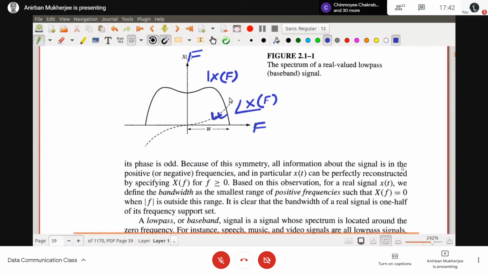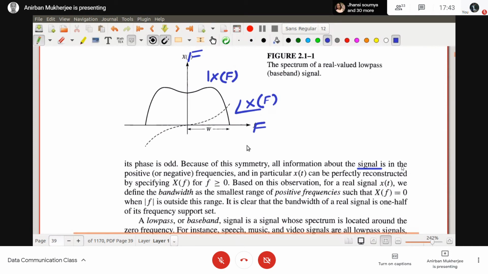Now, because of this symmetry, all the information about the signal is in the positive or negative frequency, because you are transmitting a real signal.